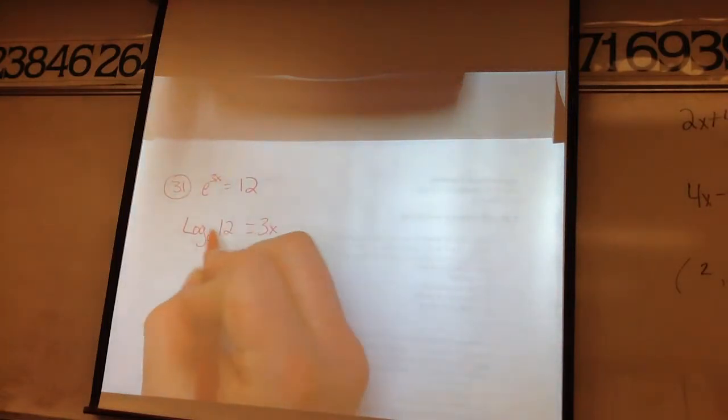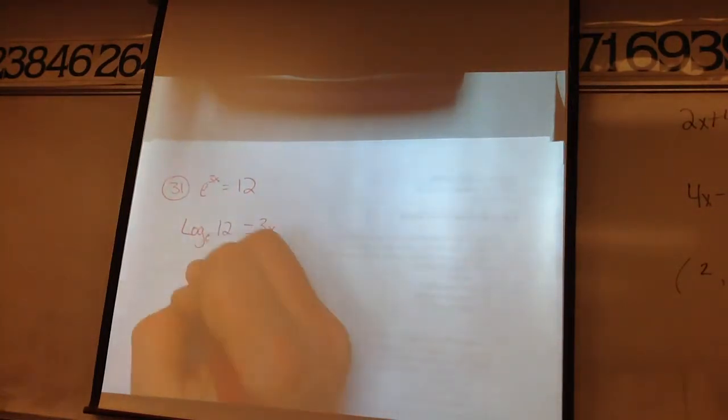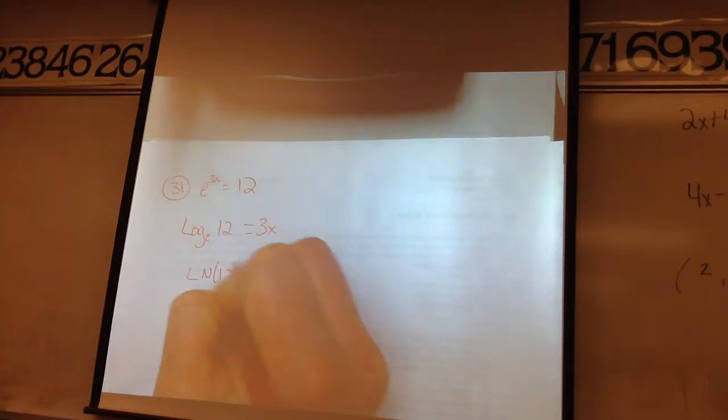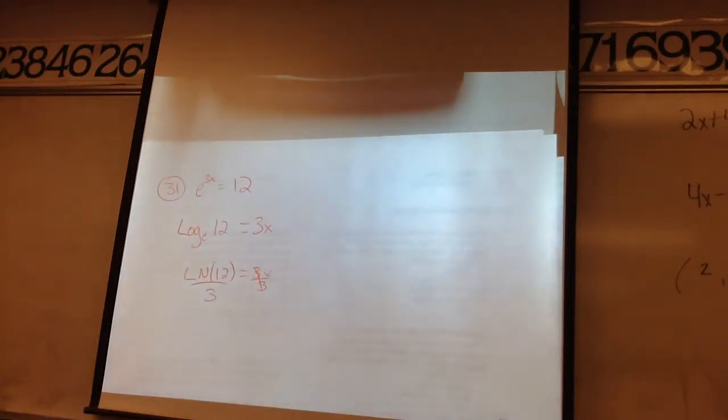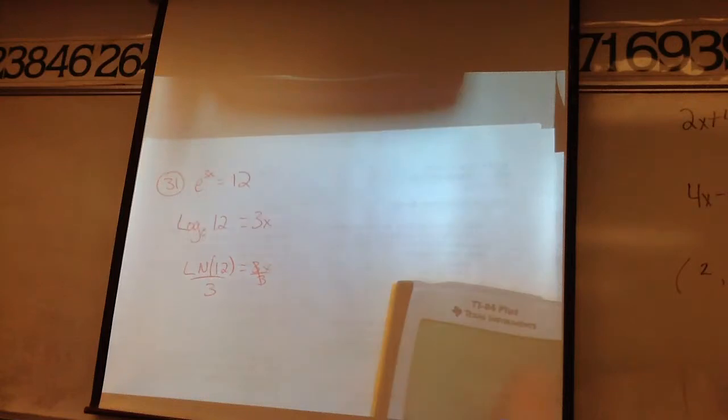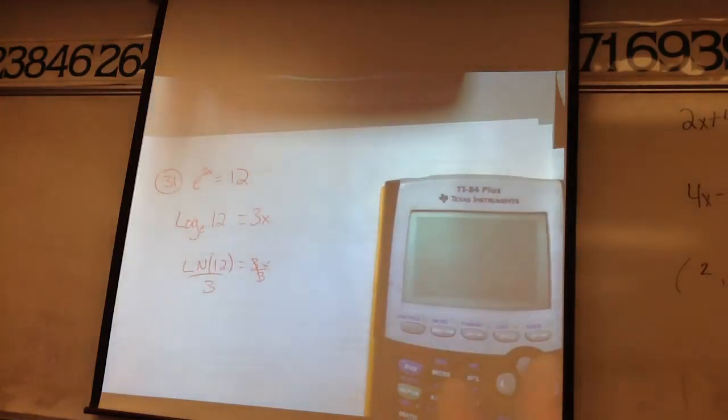Log base e is ln, so all I have to do is the ln of 12 divided by 3 in my calculator. It's not the ln of 4.